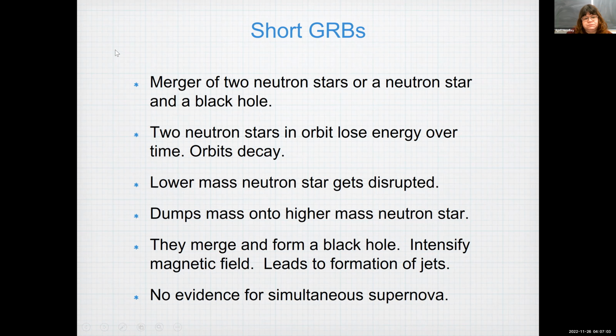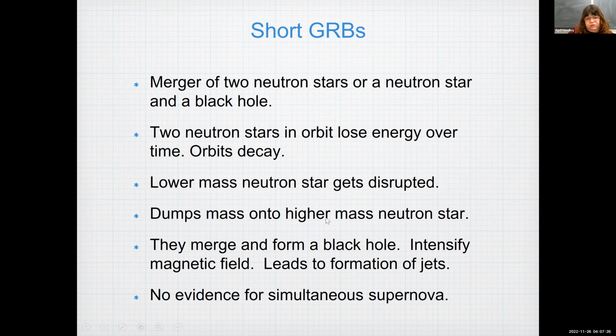I think instead of being the death of a massive star, they're either 2 neutron stars merging or a neutron star and a black hole merging. So you have the 2 neutron stars in orbit, they lose energy, the orbits decay. Eventually the lower mass one gets disrupted.